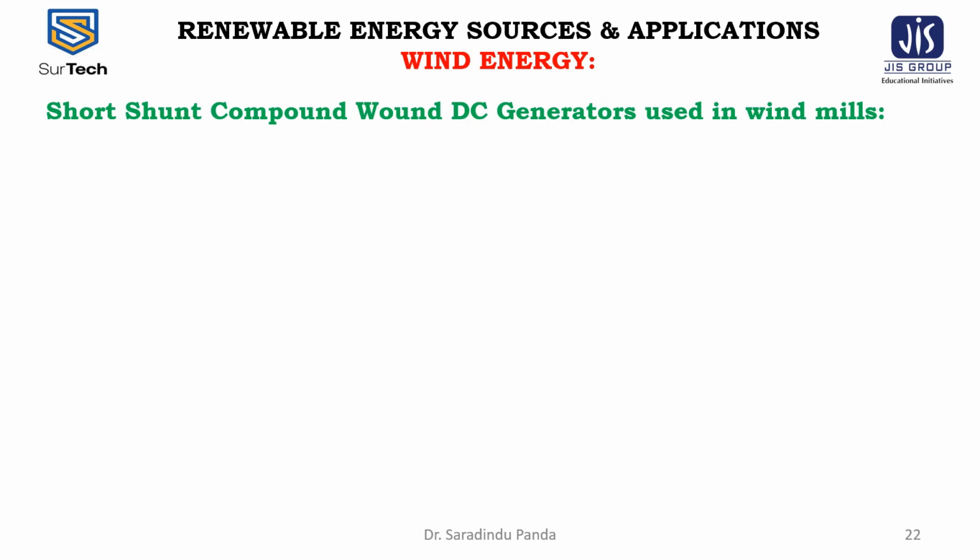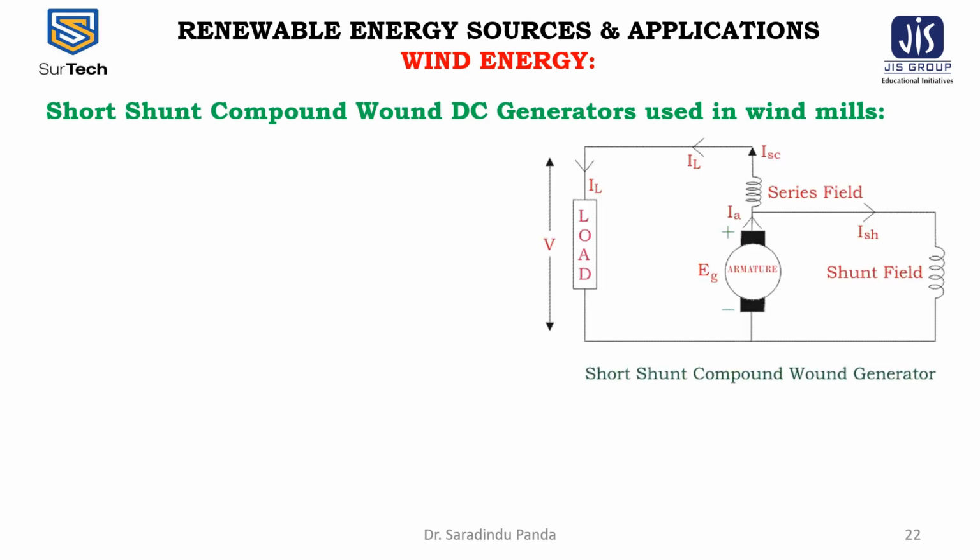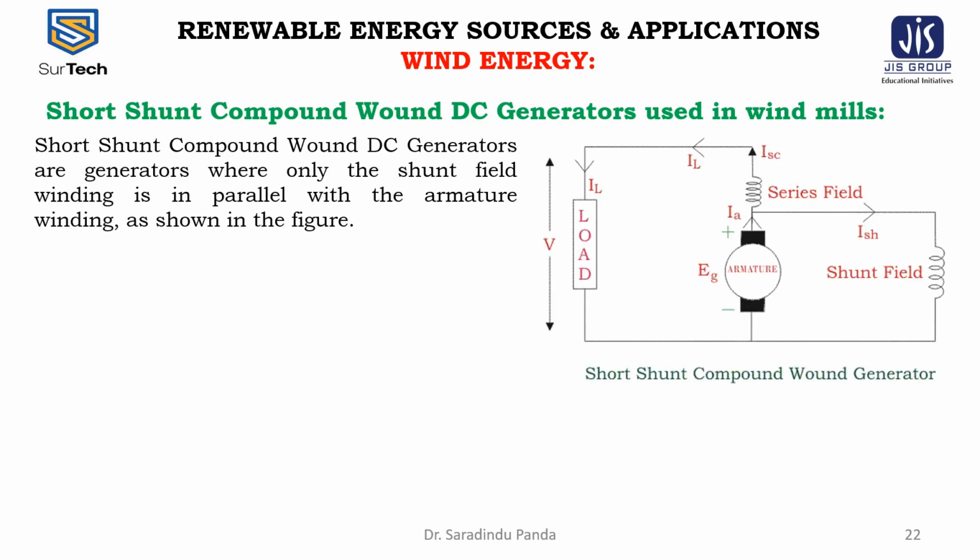Now the short shunt compound wound DC generators are generators where only the shunt field winding is in parallel with the armature winding as shown in the figure.